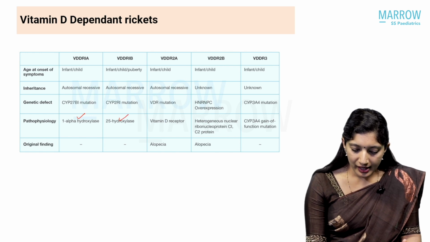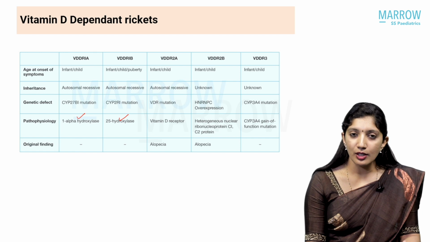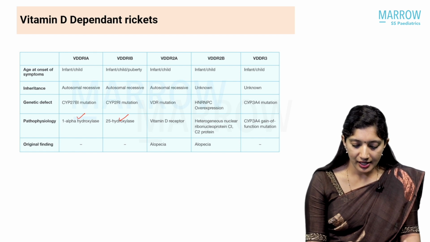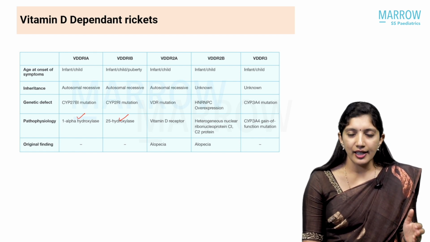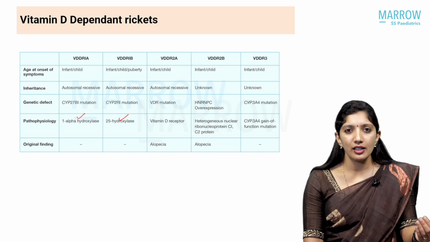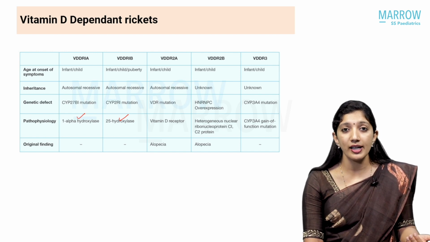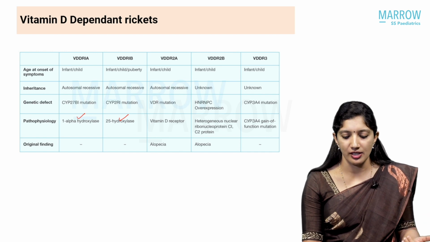Both these types have an onset in early infancy or childhood. Both are autosomal recessive mutations and they lead to an early onset and a severe form of rickets. The child presents with hypocalcemia causing seizures and tetany and requires frequent calcium infusions.